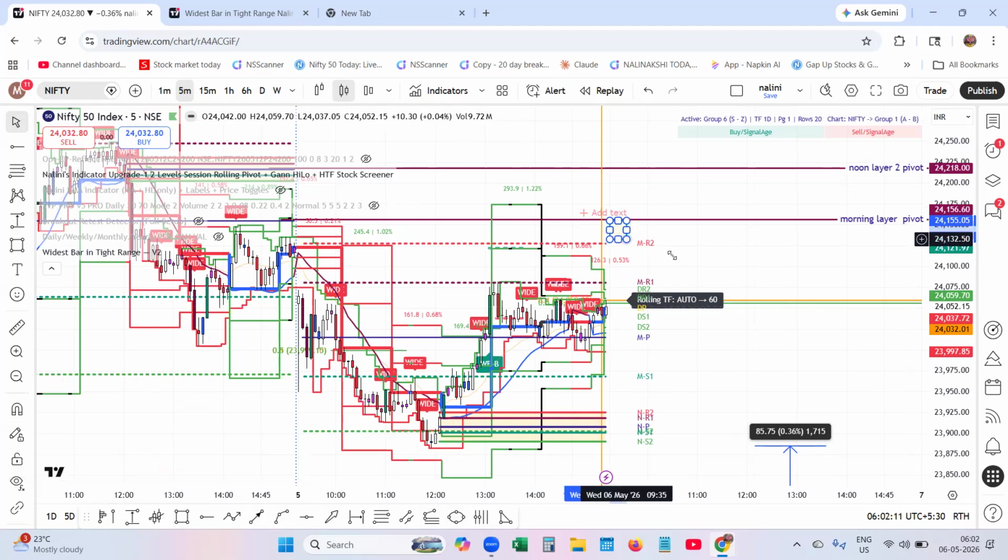We need to see what sort of candle will be formed, and if the range is broken above, then you can trade. And also clearly you can make out with the widest bar in tight range whether the market is going up or going down.